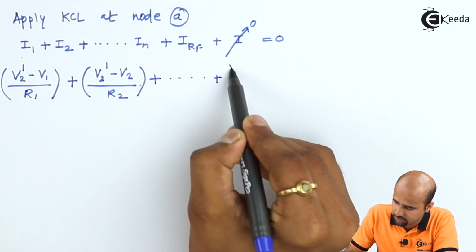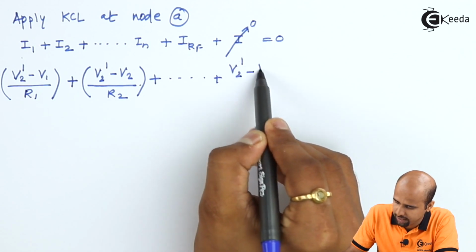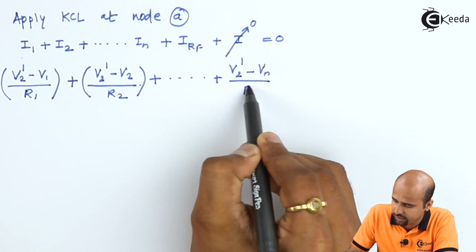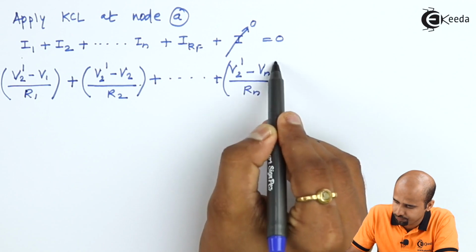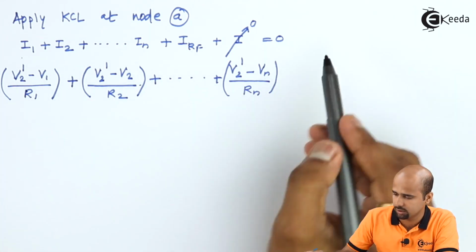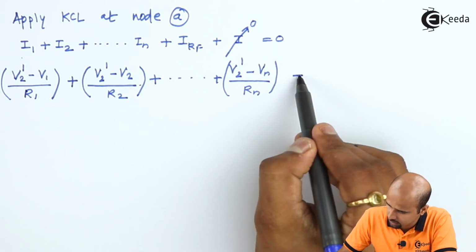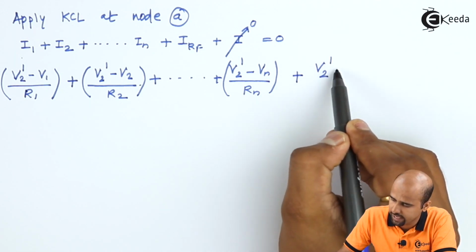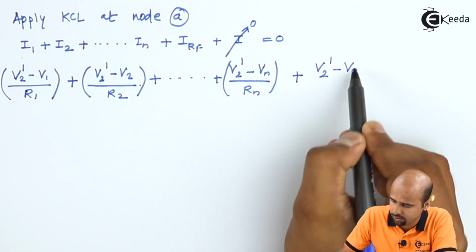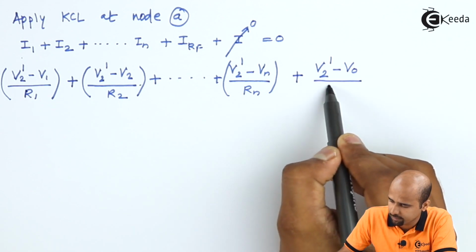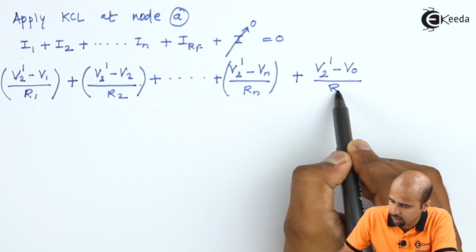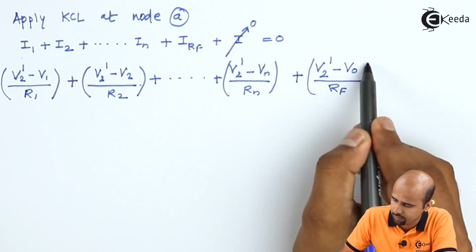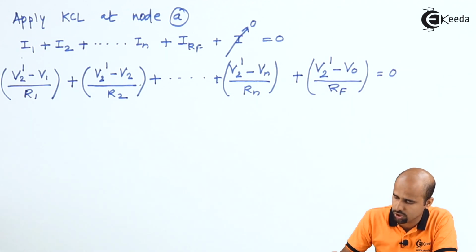We get V2 dash minus Vn divided by Rn. Okay, clear? Plus IRF, which is V2 dash minus VO divided by RF, is equal to 0.